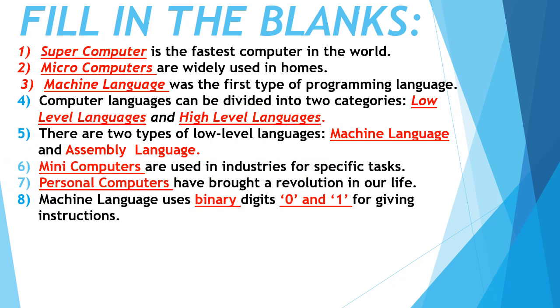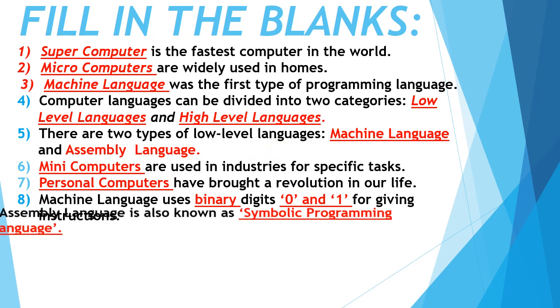Next, machine language uses binary digits. And which are the binary digits? 0 and 1 for giving instructions. In machine language we were using binary language that was written in the form of 0 and 1.